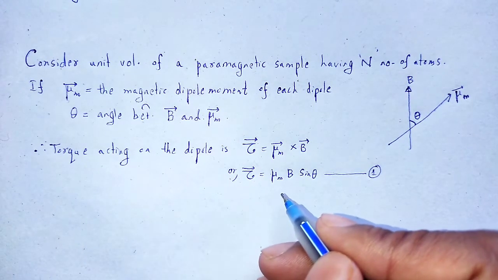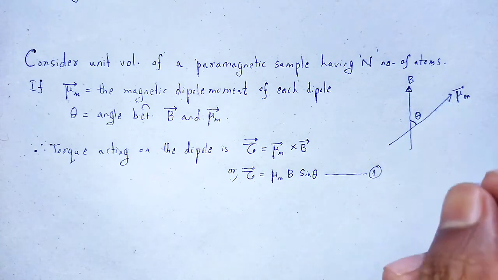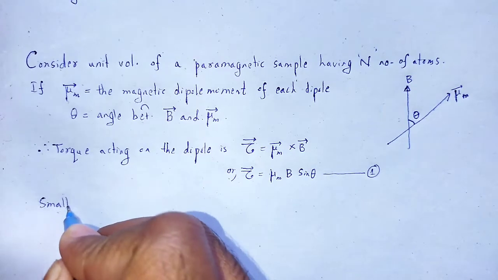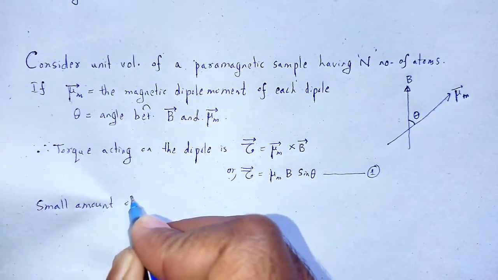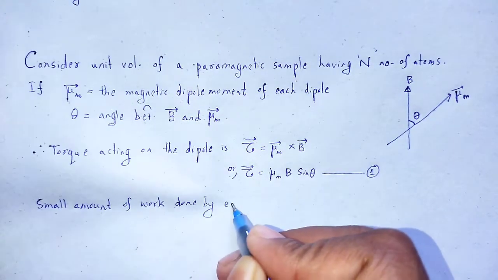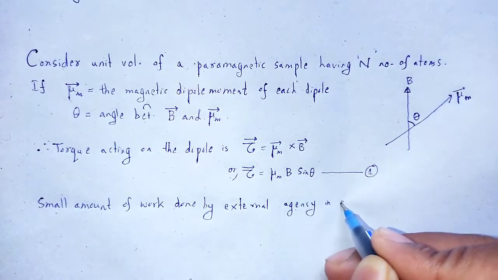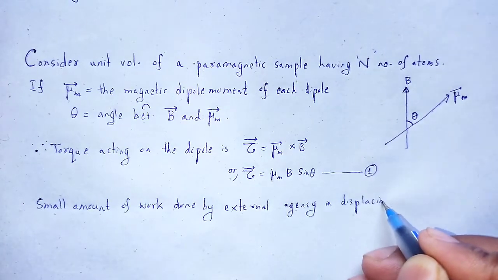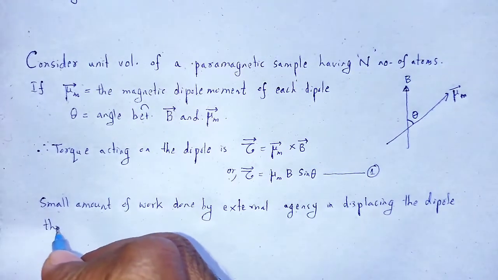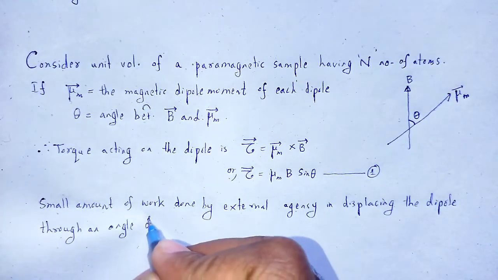A small work done by an external agency in displacing the dipole through a small angle d theta.